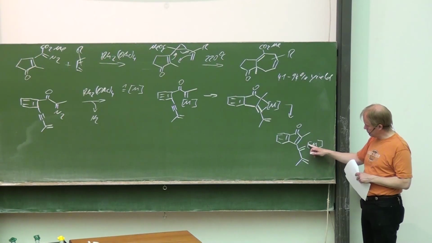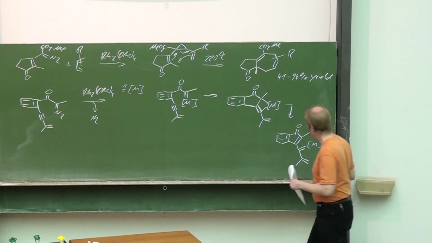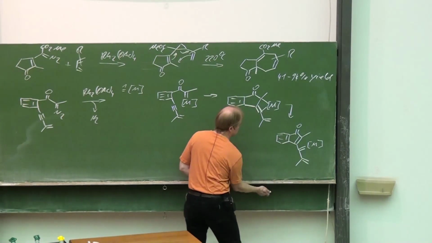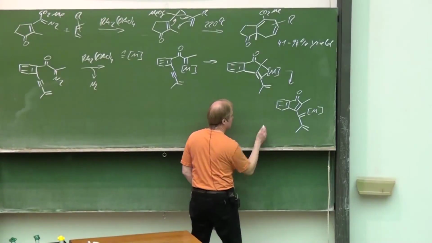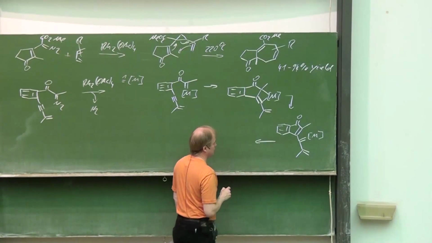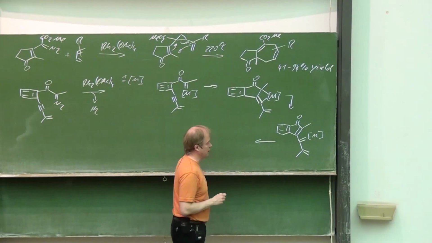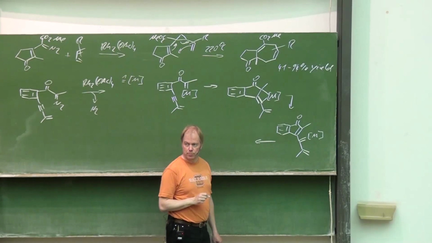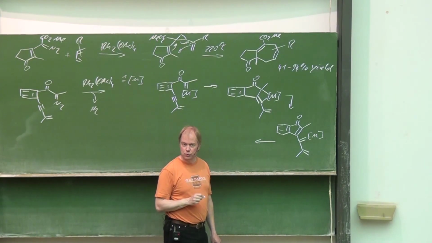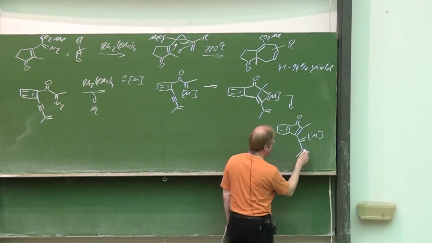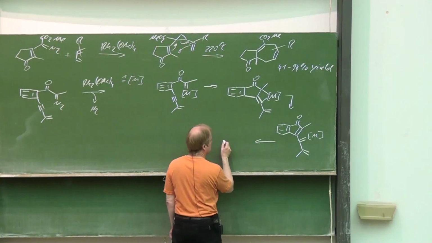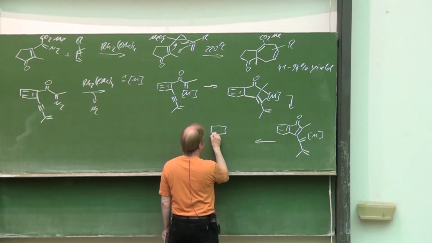Now that carbene complex will interact with that olefinic moiety. Actually, you can again interpret that as a 2+2 cycloaddition reaction or an electrocyclization. Well, just as you wish.